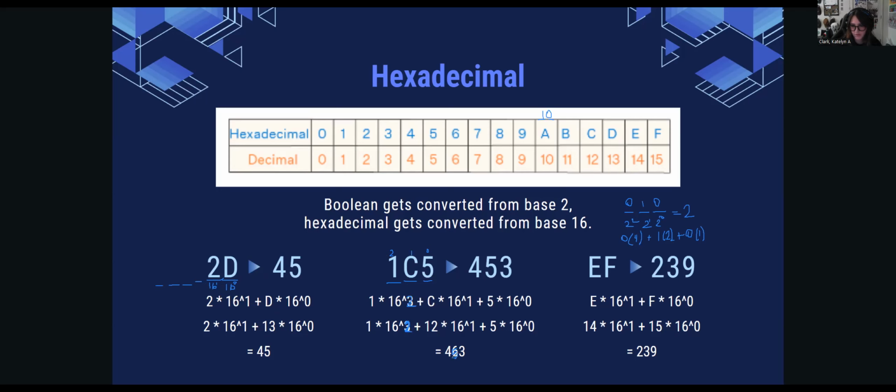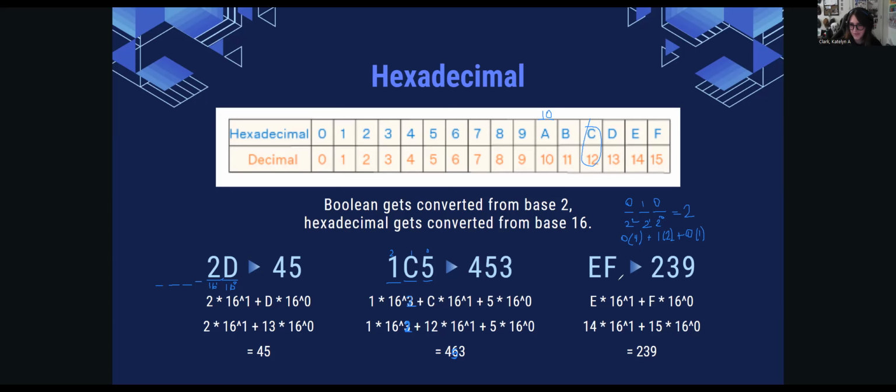Wow, so many typos on this page. Ignore it, it's okay. So we do 5 times 16 to the 0th, C times 16 to the 1st, which converts to 12, and 1 times 16 to the 2nd, which ends up being 453. I'm pretty sure. I can double check that right now, but it doesn't matter because we're learning. It's fine, everything's okay.